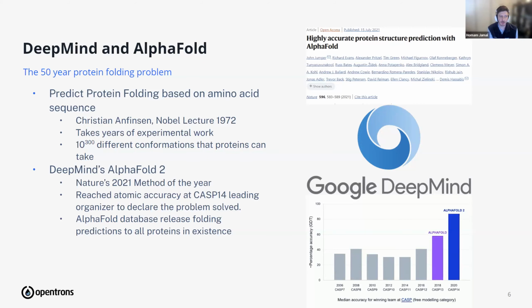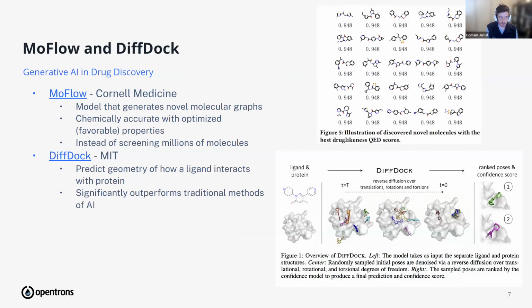In addition to protein folding, there are other generative AI models that help with drug discovery. There's a software called MoFlow, a model that generates novel molecular graphs. From a drug discovery standpoint, this takes a long time to do: you screen millions and millions of molecules for the optimal molecule that would work with your drug.